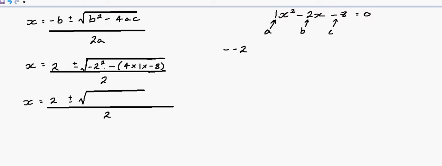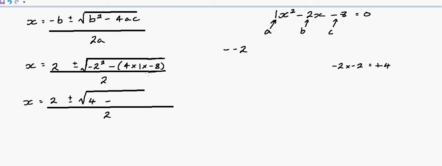If you square any number, positive or negative, you will always get a positive number. The reason being -2 times -2, which is what -2 squared is. Minus times a minus is a plus, and 2 times 2 is 4. So we get 4 here.